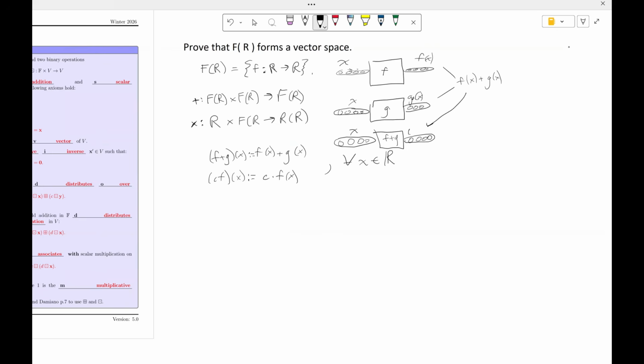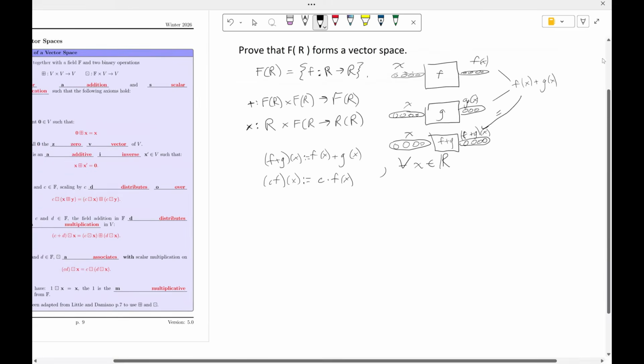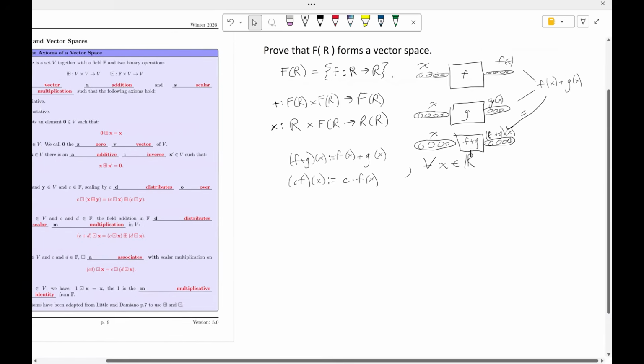My output is these are going to be equal. This will be (f + g)(x). And it's defined to be equal to the output of the f function plus the output of the g function. And that's how we define the addition of functions.